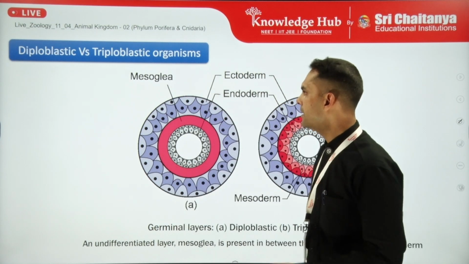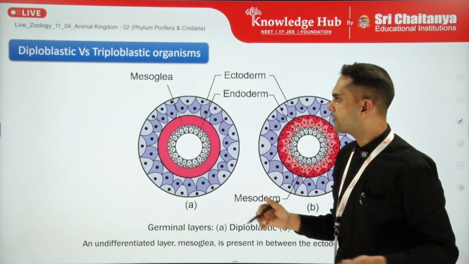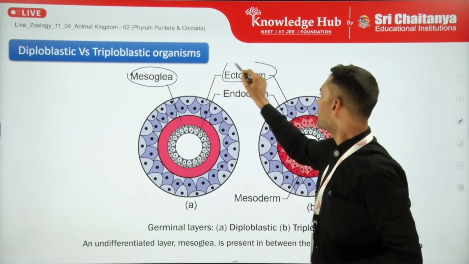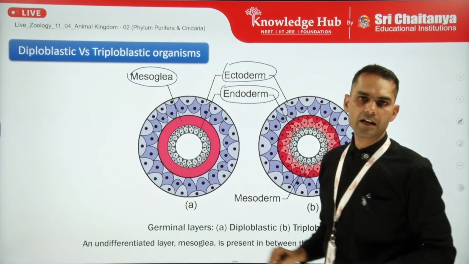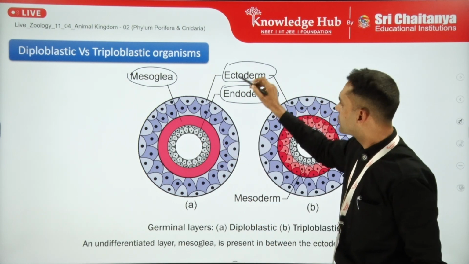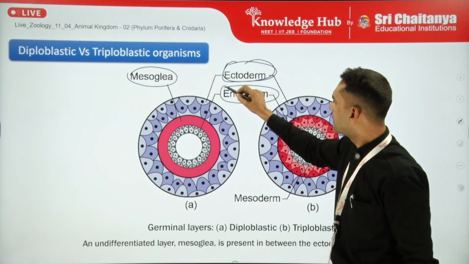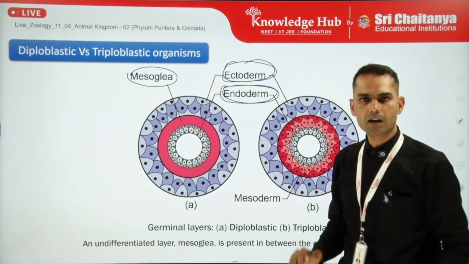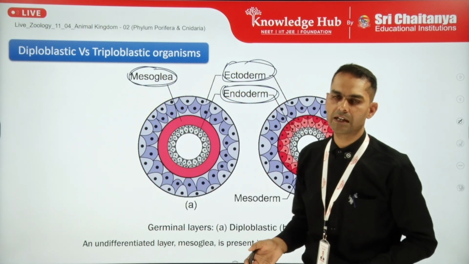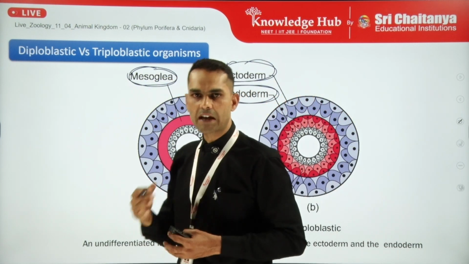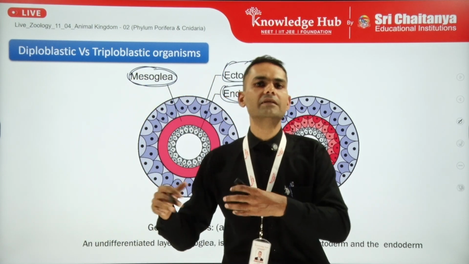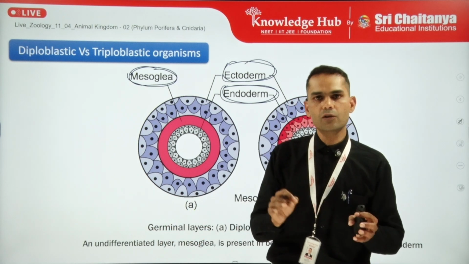As we see in the NCERT diagram of germ layer organization in diploblastic as well as triploblastic animals, in diploblastic organisms two germ layers are present, but in the middle of these two layers there is a third layer called mesoglea. Mesoglea is defined as the middle layer which is non-cellular, or maybe cellular in some forms, and it is usually jelly-like.